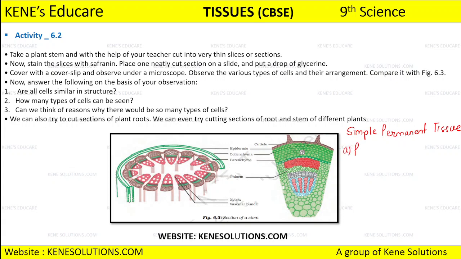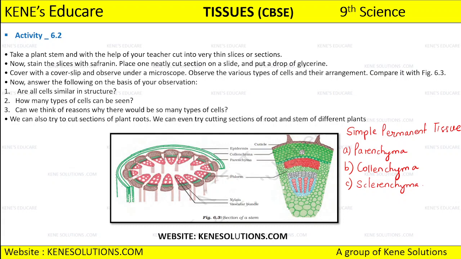It includes parenchyma, collenchyma, and sclerenchyma. These are the three different types of simple permanent tissue.